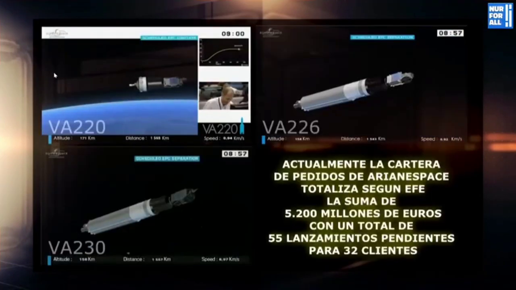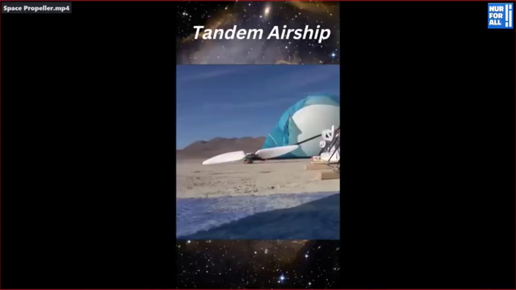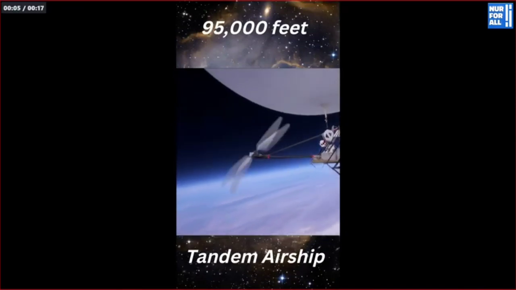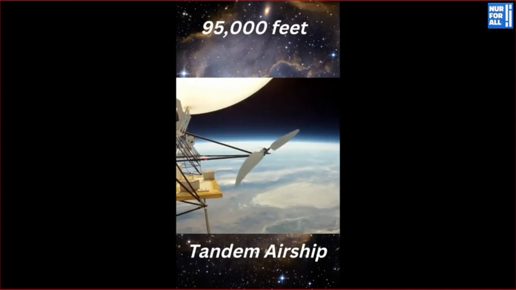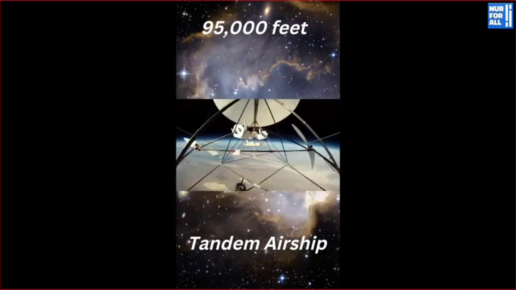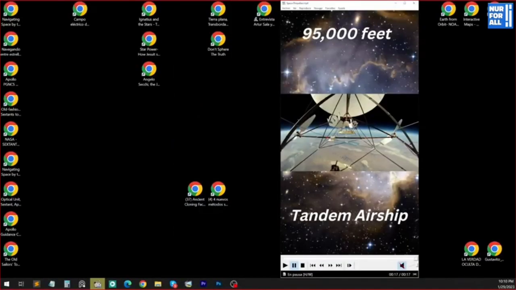You also have things like this, where you can propel and move the global balloons to keep them in one area, and only one area, for months or for years, if you need to bounce signals and things like that.